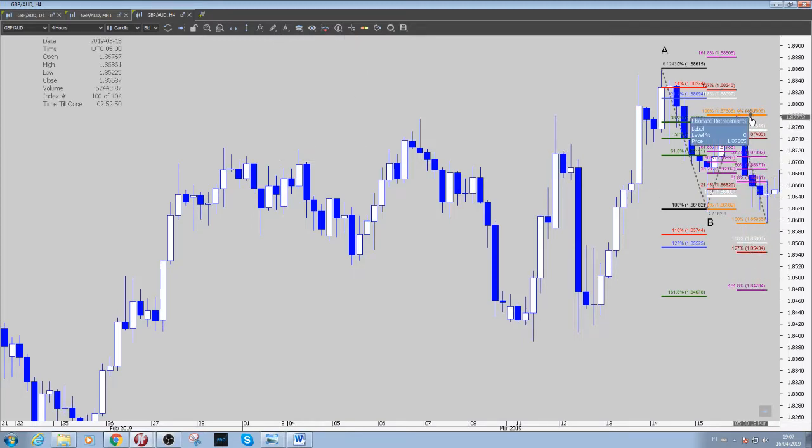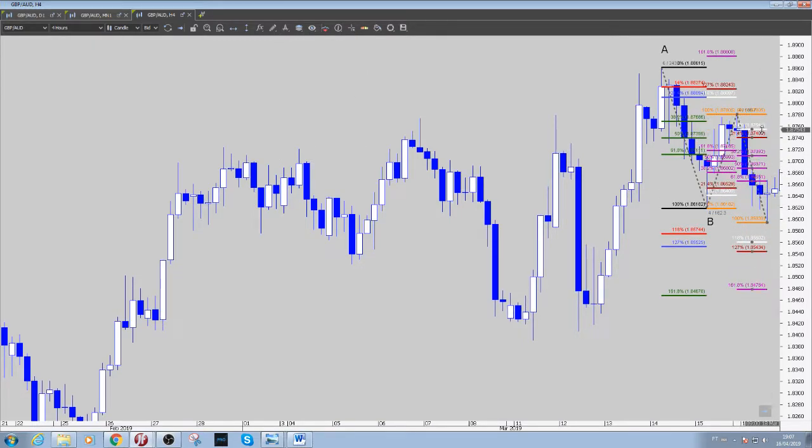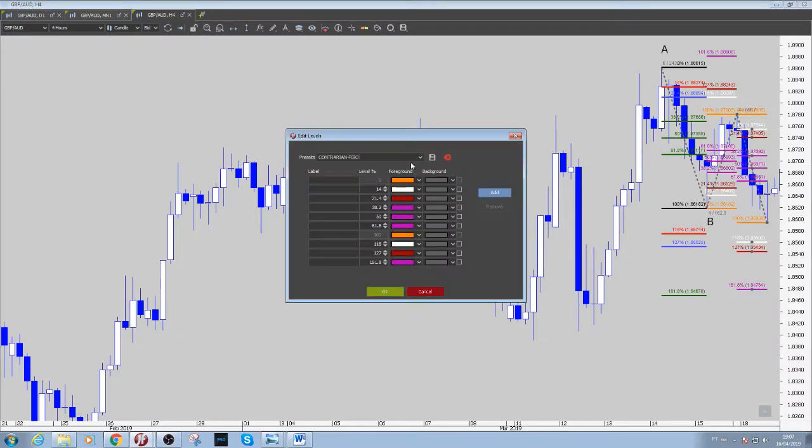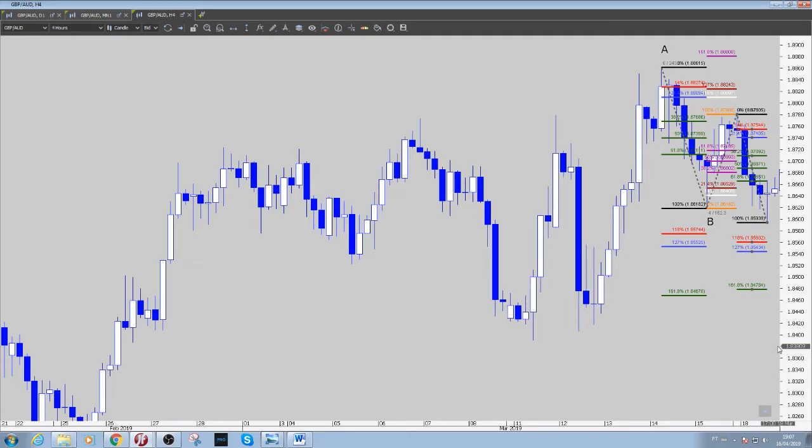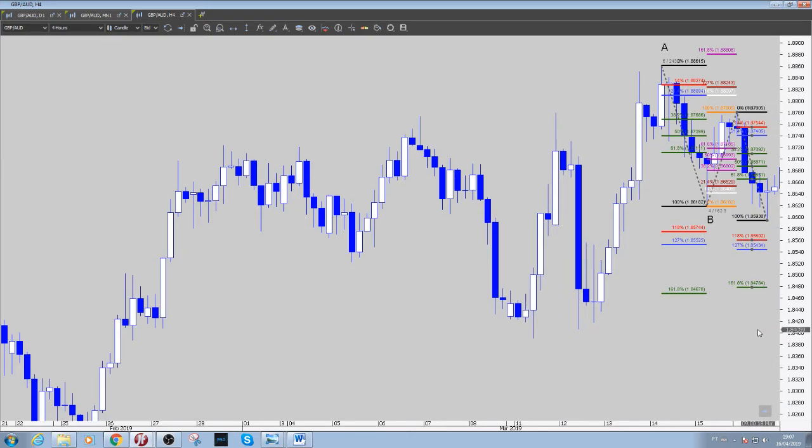So down here, let's color code it differently. And as you can see, the confirmation Fibonacci already broke the contrarian, right? So this is the B of the confirmation Fibonacci, and this is the A of the contrarian. So I'm going to delete the contrarian.